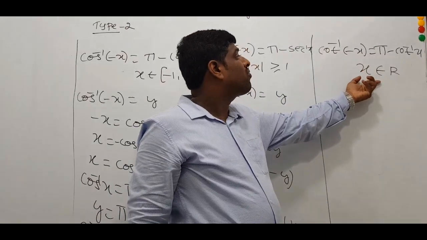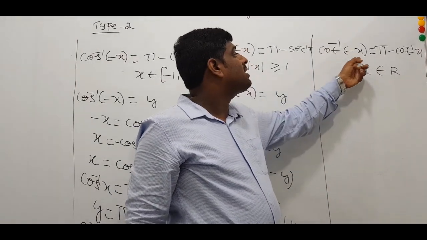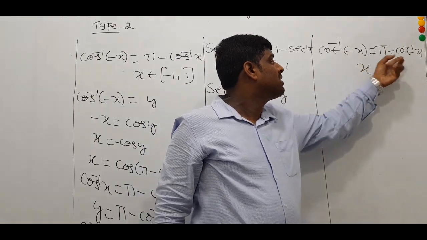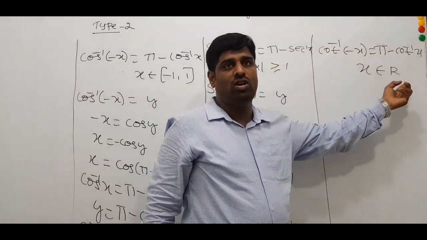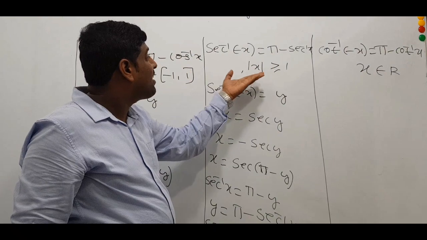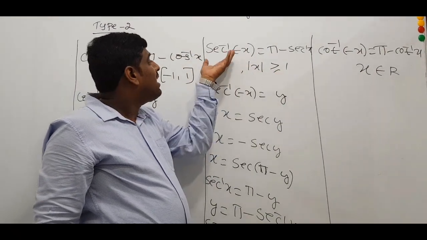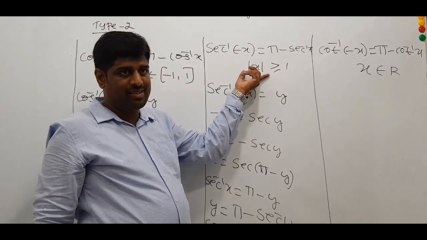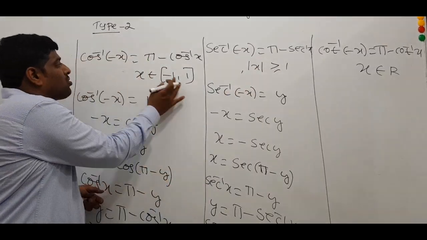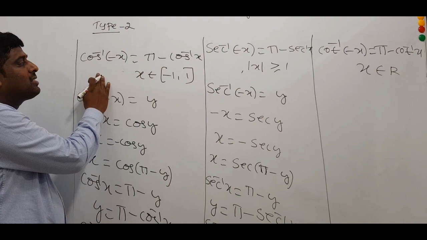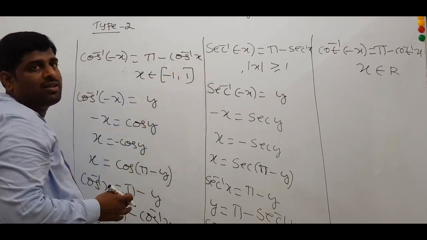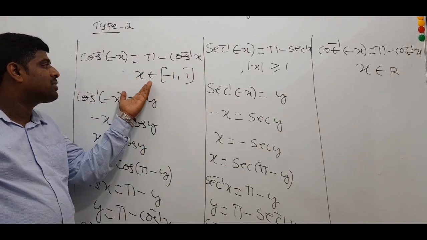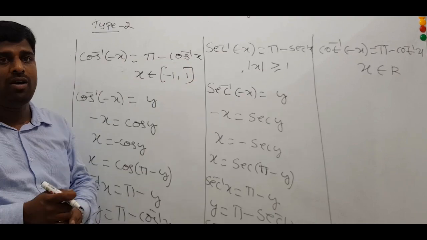For cot inverse of minus x is equal to pi minus cot inverse x, the answer is x belongs to R. For secant inverse of minus x is equal to pi minus secant inverse x, this is the answer. For cos inverse of minus x is equal to pi minus cos inverse x, the answer is x belongs to the closed interval of minus 1 comma 1.